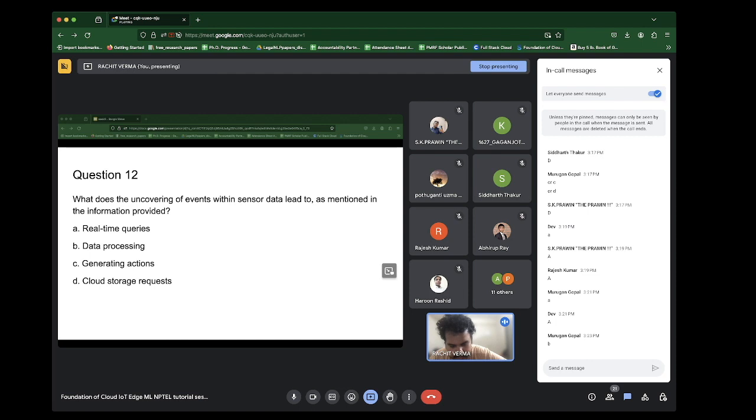Then based on this insight, some action is taken by the consumption layer. So generating actions is the correct answer. A, real-time queries, all this happens before cloud storage requests. This may happen in the process of uncovering events, but what it exactly leads to is the generation of actions.